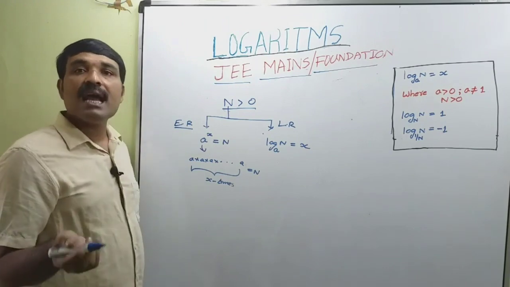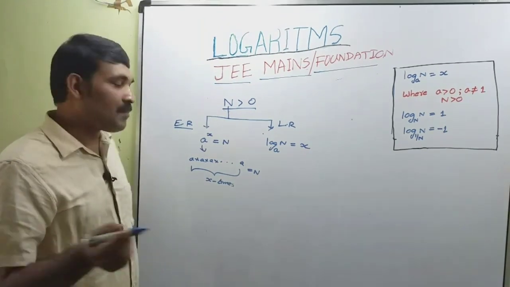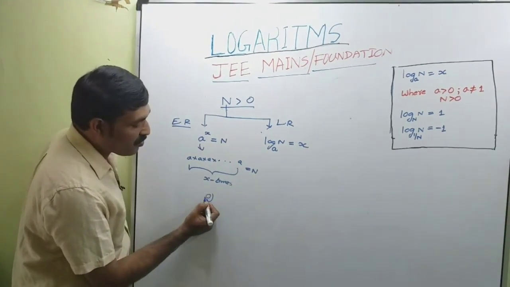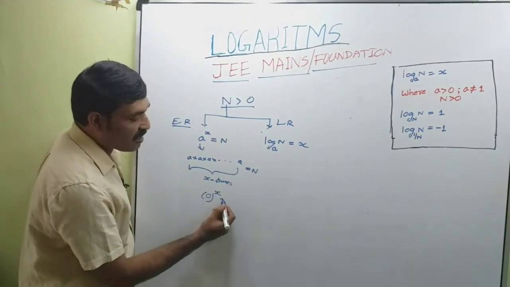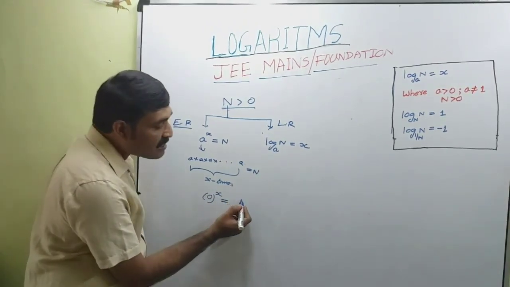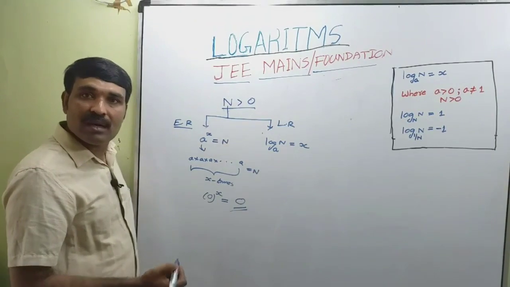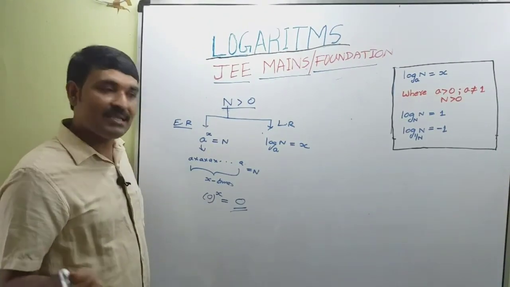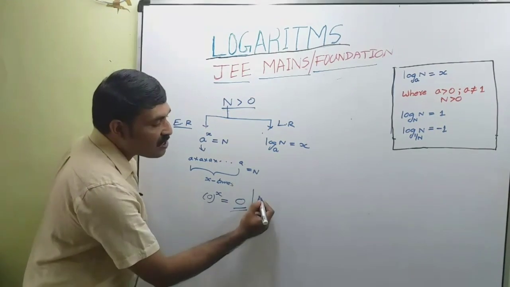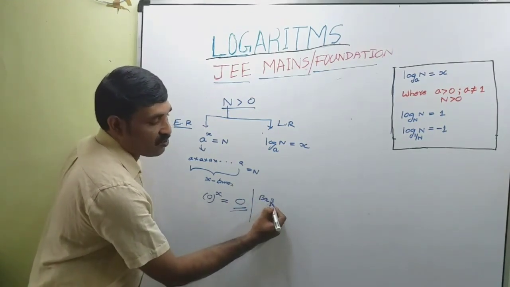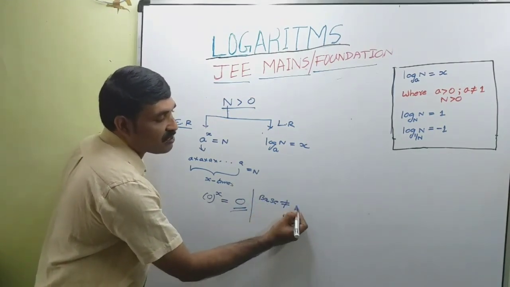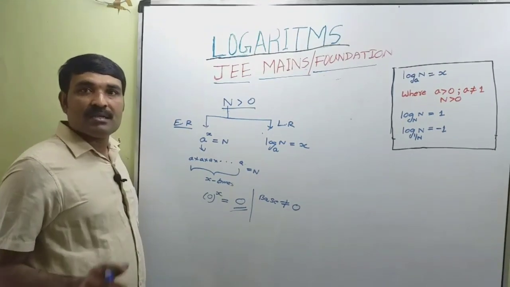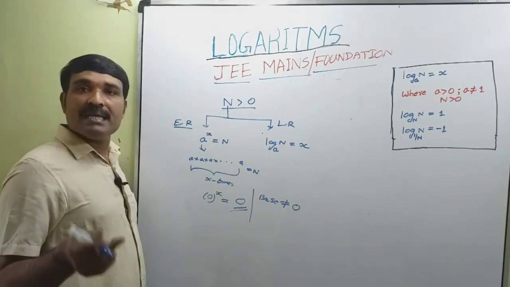Suppose base a is equal to 0. Then what happens? 0 raised to x is always 0. Right? 0 is multiplying x number of times. That always results in 0. So base should not be equal to 0. Suppose a, or base, is equal to 1.